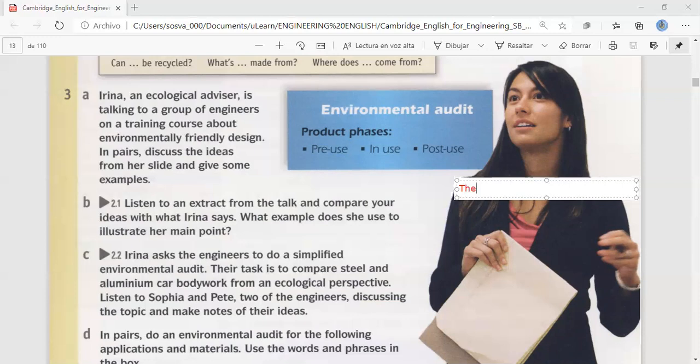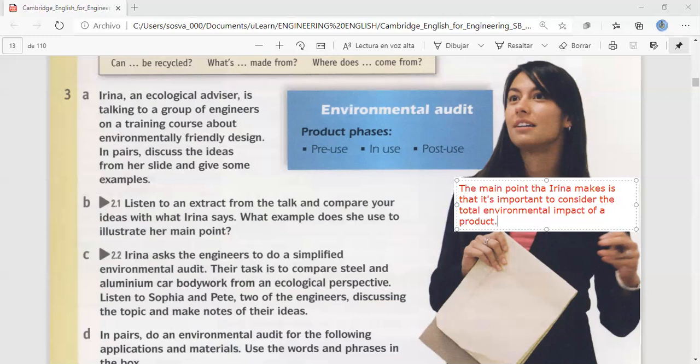The main point that Irina makes is that it's important to consider the total environmental impact of a product.